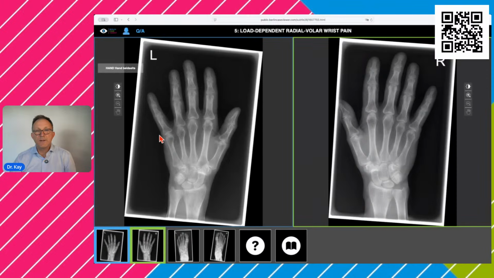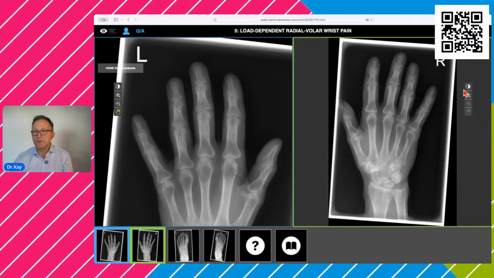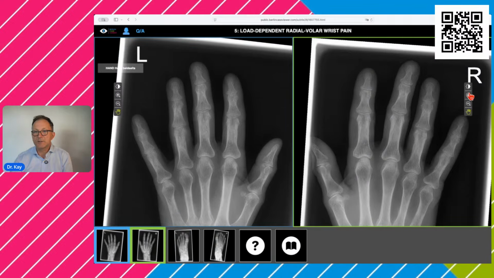So let's have a look here at this 5th case. Again, it's important to enlarge. 65-year-old woman. The joint spaces here at the distal interphalangeal joints, they are maybe a little bit too narrow. So that could be a sign of early osteoarthritis, although there's no big osteophytes, no cystic changes, no sclerosis.